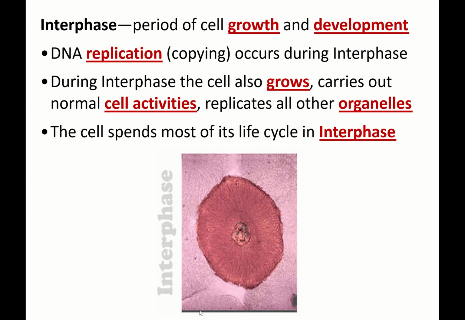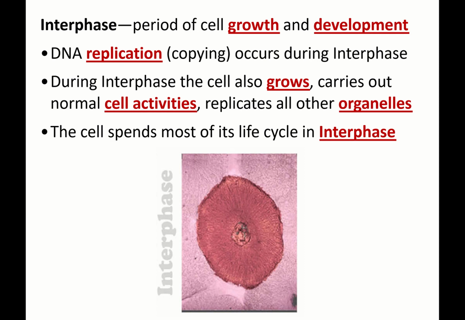Now here at the bottom is a real picture of a cell in interphase. All you can really see is the cell membrane around the outside and this middle, which is the cell's nucleus. So the cell's nucleus and the cell's membrane. Now, real quick question, is this an animal or is this a plant cell? Well, it's an animal cell because it's a circle.